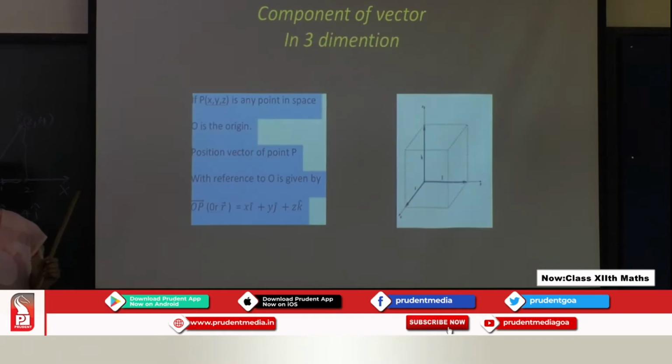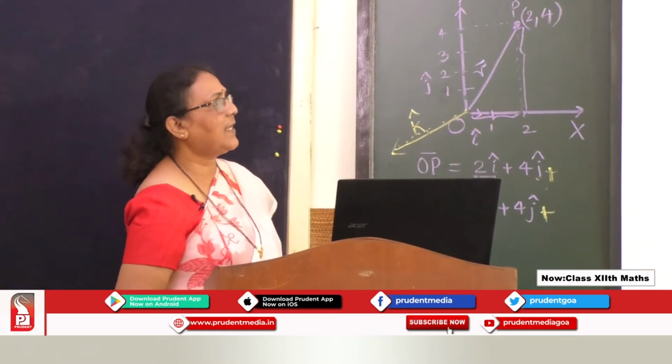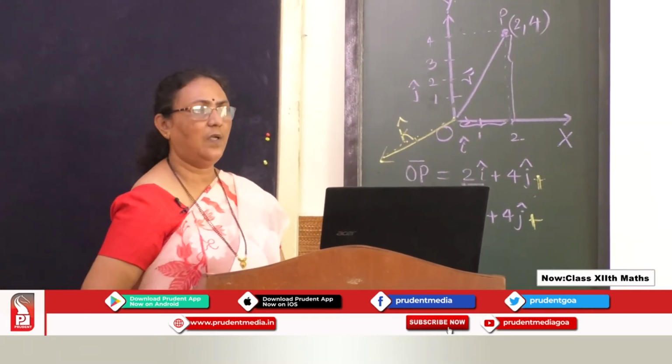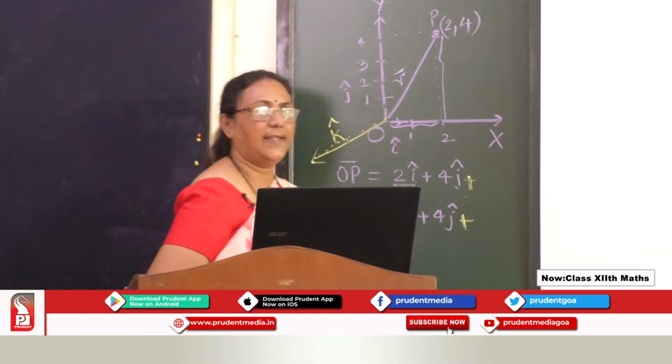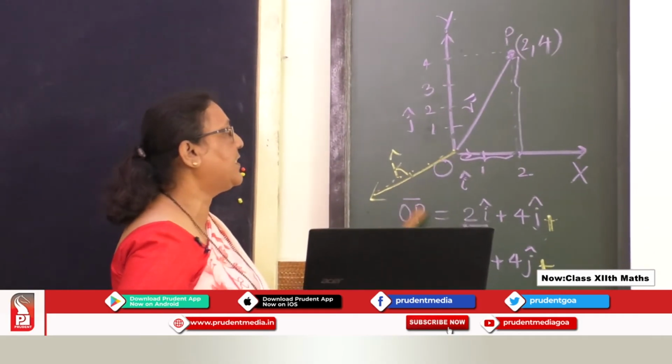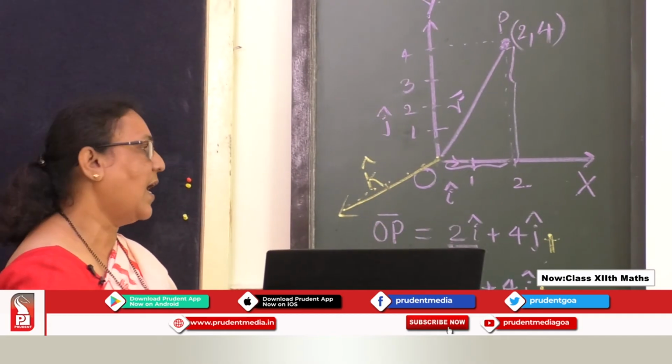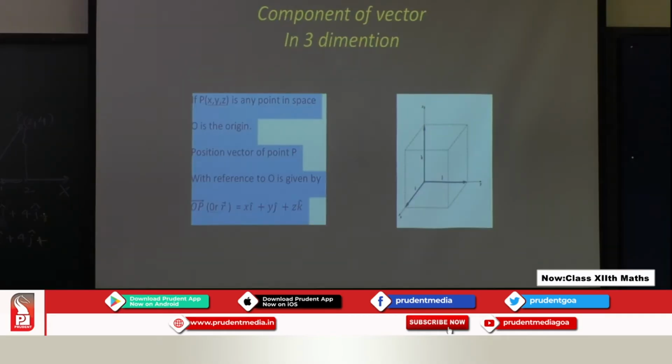Now, in 3 dimension, see the previous example, you will get x, y and z axis. I had drawn here z axis, x axis, y axis. Now, k is a unit vector along z axis. Now, suppose this unit here on z axis is 5.